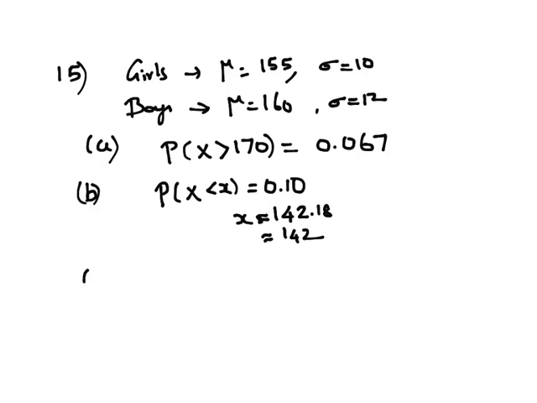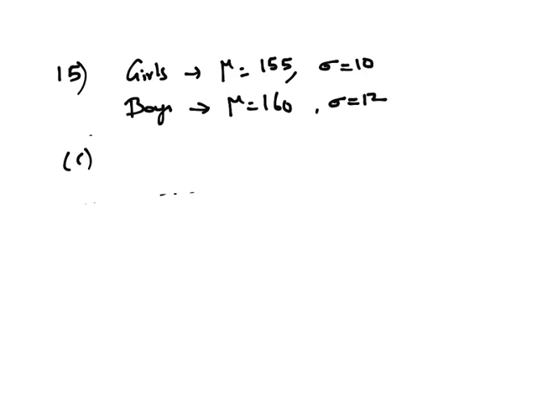Now the third part, C. Given that 90% of the boys have heights between Q and R, where Q and R are symmetrical about 160 centimeters and Q is less than R, find the value of Q and of R. Okay, so let me draw the diagram that will make it easier to solve this problem.